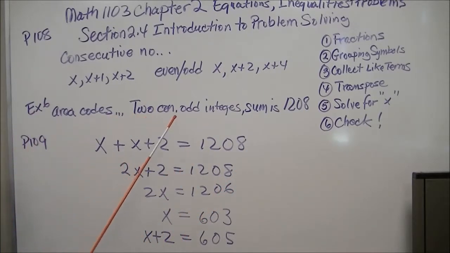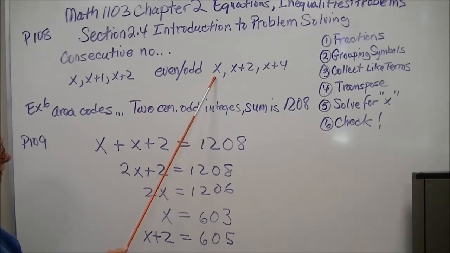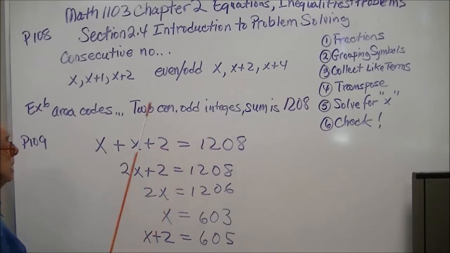So here the key is two consecutive odd integers. So what will the first one be? X. What will the next one be? X plus 2. And again, if this is odd, this is 7, x plus 2 is 9. By adding 2, you get the next even or odd, depending upon what you start with. And the sum is this.